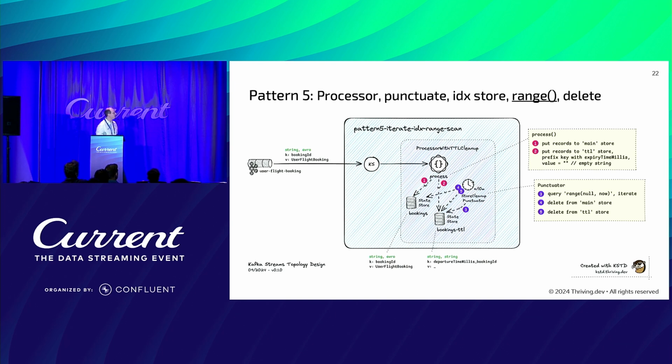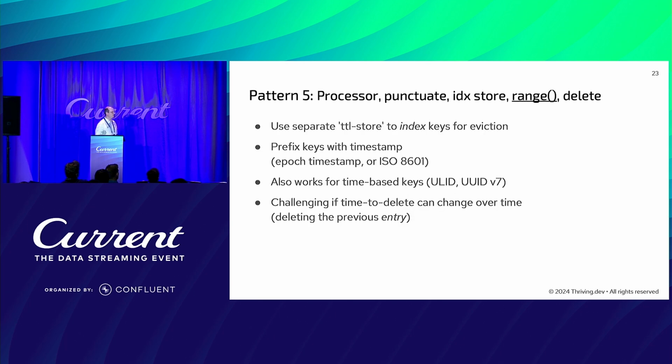Also, this state store you're iterating over has an empty string value, so it's not heavy on deserialization. And if you determine a record needs to be evicted, you just delete it from the main store and also from the TTL store. So this is already going to be a lot better, but there are also some limitations and implications using that pattern.